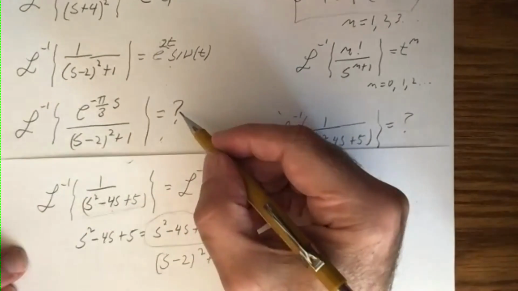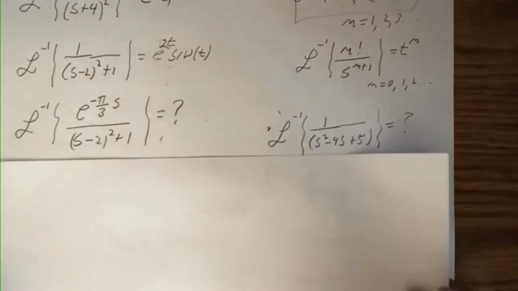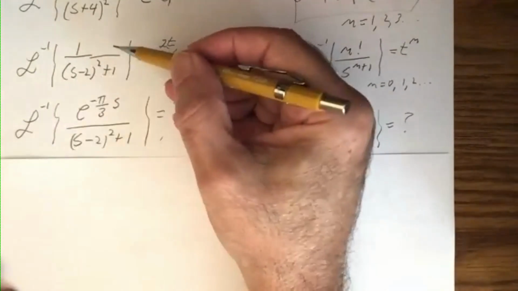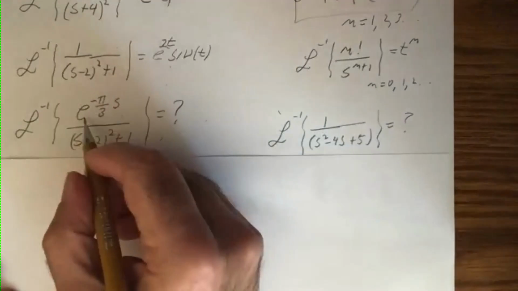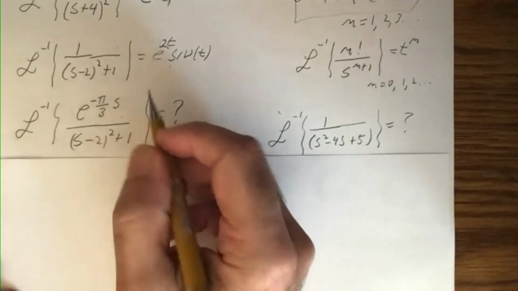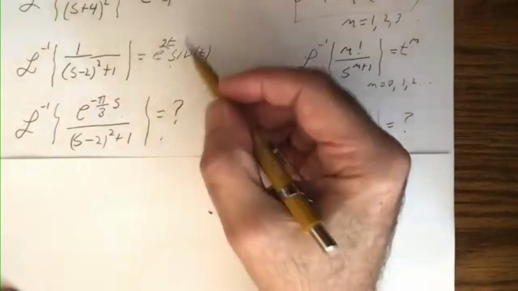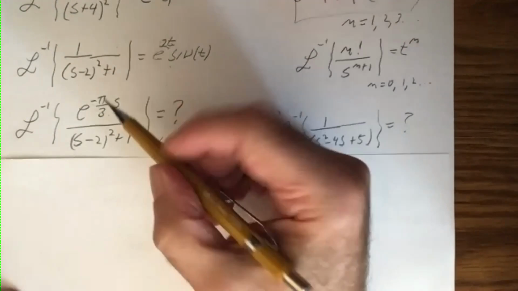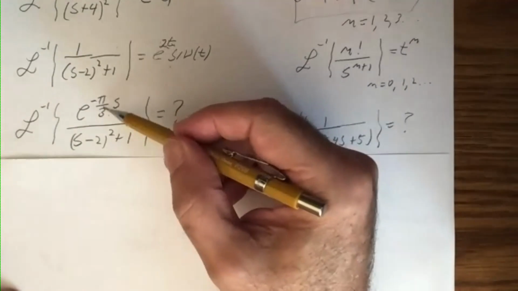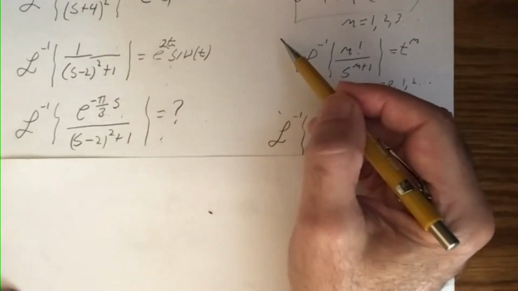Okay. So now, if I know that, let's see, let me do this. The difference between this and this is that here I got this e to the minus pi over 3 times s, right? So the Laplace transform of this thing, every place I have a t, I have to shift it by minus pi over 3, and then I have to multiply by the unit step function.